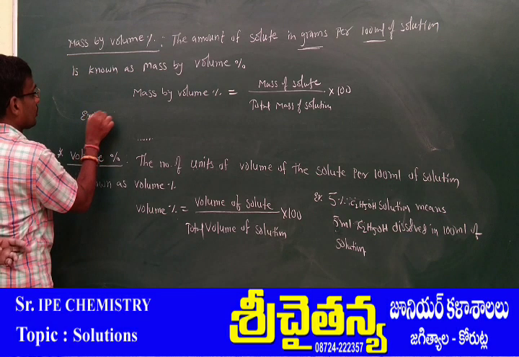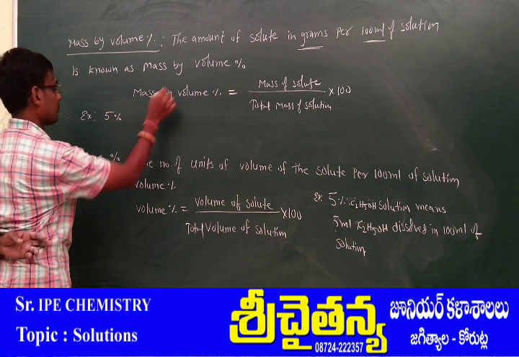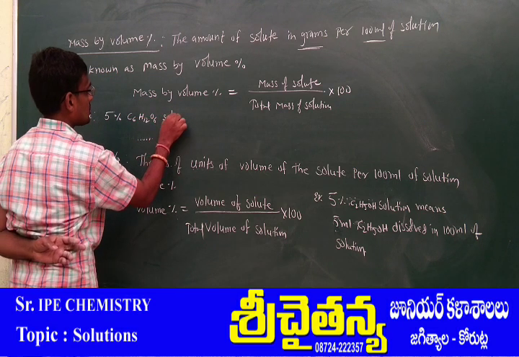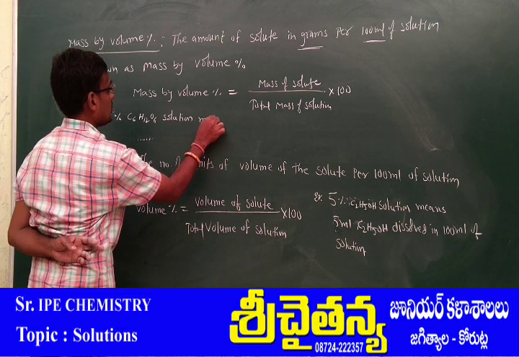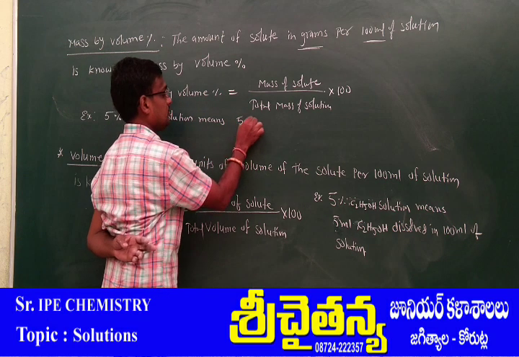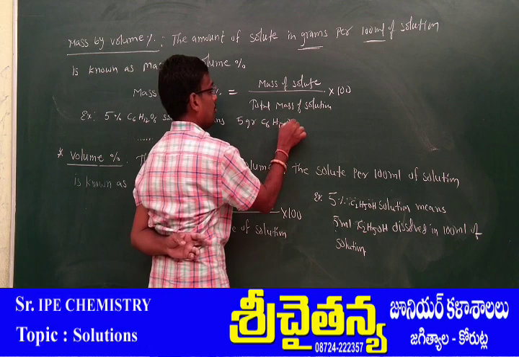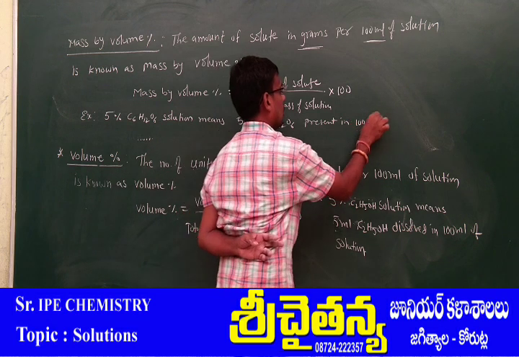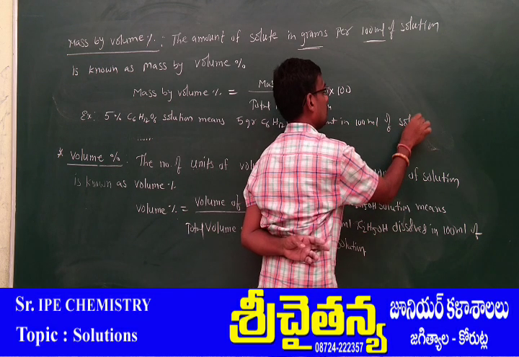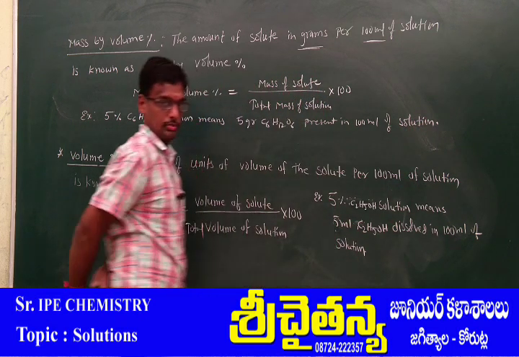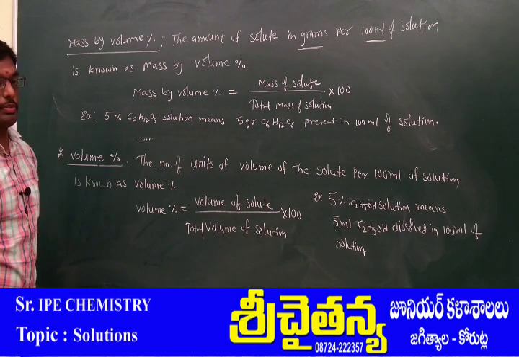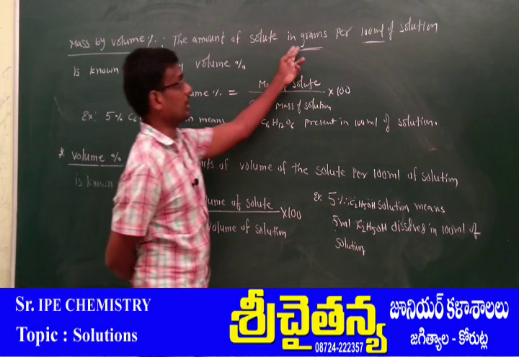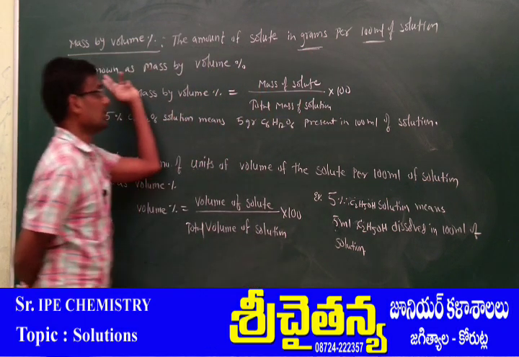For example, 5% glucose, C6H12O6, solution means 5 grams of glucose present in 100 ml of solution. Is it clear? The amount of solute in grams per 100 ml of solution is known as mass by volume percent.